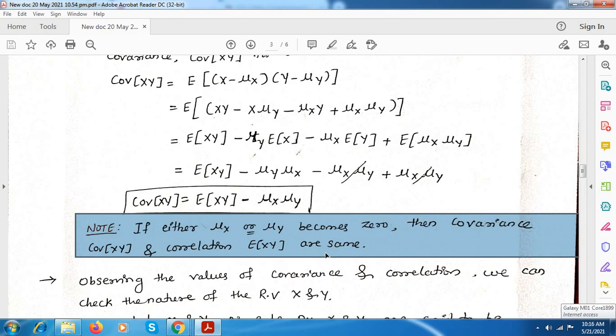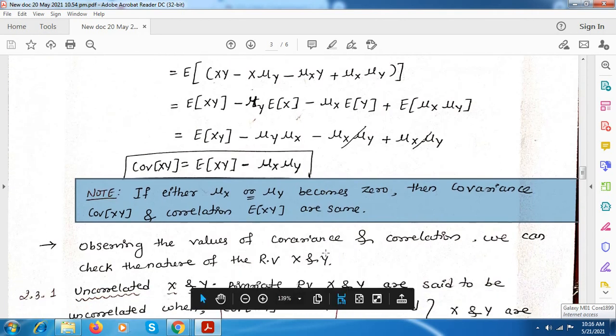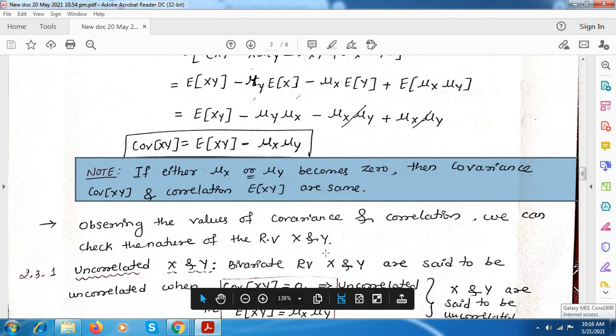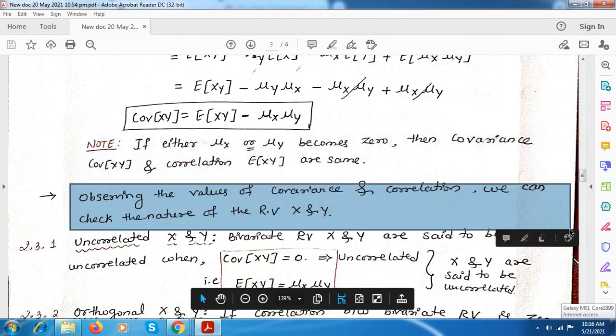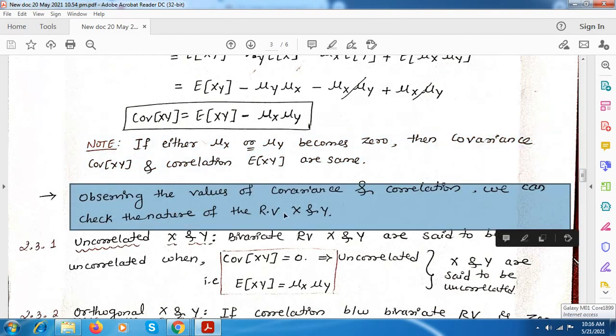What kind of signals are those, we can see using this covariance and correlation. So observing the values of covariance and correlation, we can check the nature of the random variables x and y.